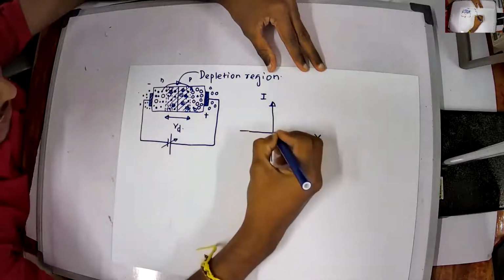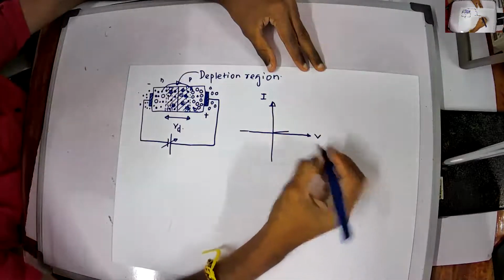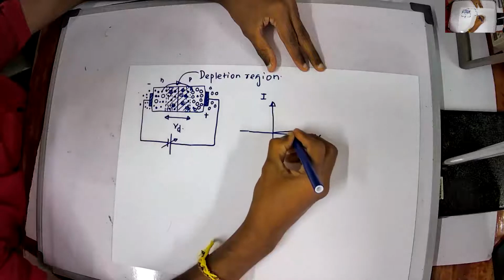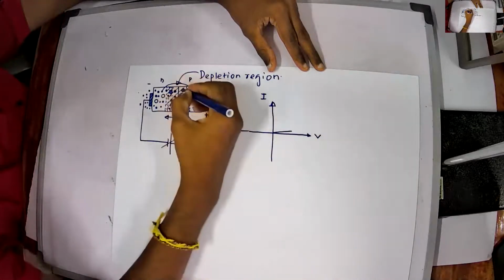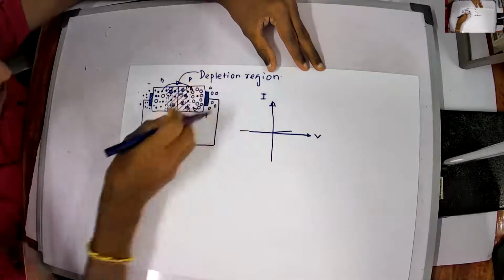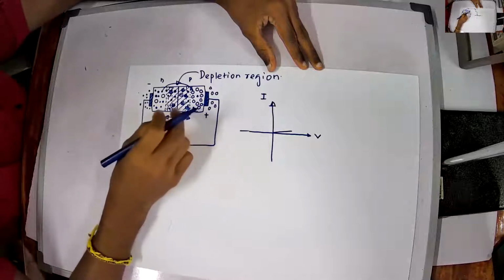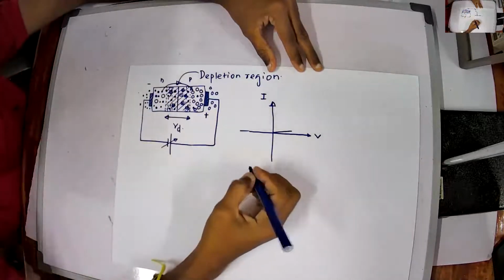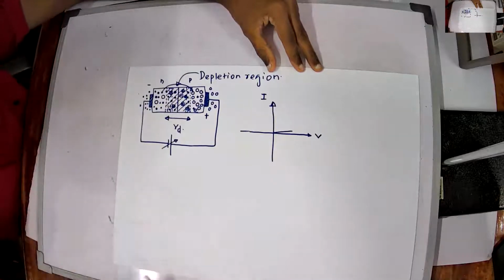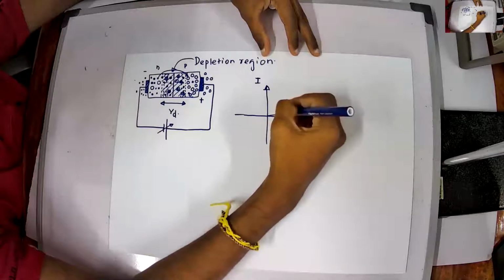So a very small current will be passing through the PN junction. After that particular width is reached, the width at which the electrons can jump from one side to another, a sudden or rapid increment in current will be observed.